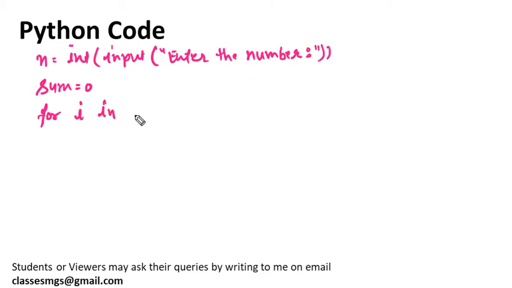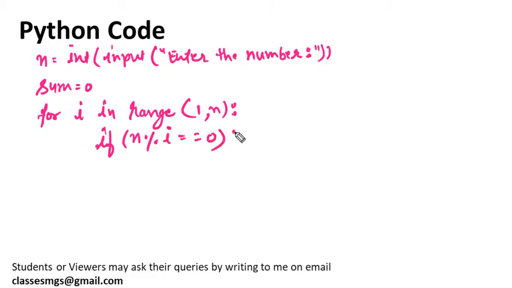I already explained how it is solving our problem. Then if n percentage i equals to 0, that means this is a perfect divisor of this number n, and we need to add it into our sum variable.